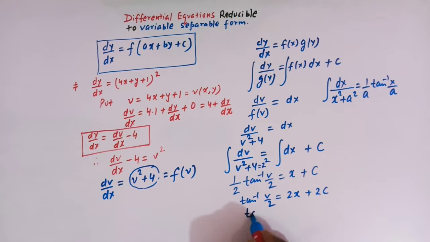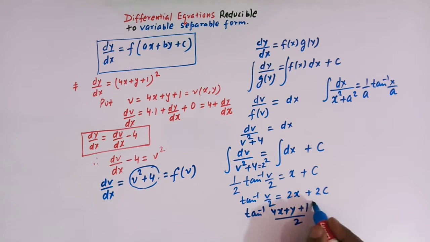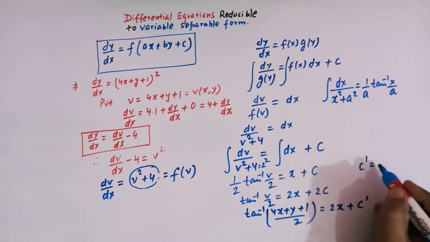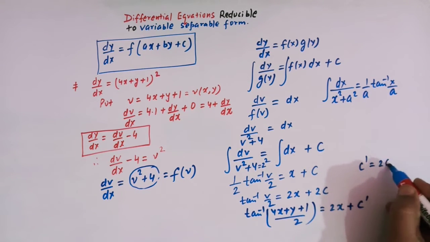So now we can write tan inverse of (4x plus y plus 1) over 2, and here we have 2x plus say c prime, right?